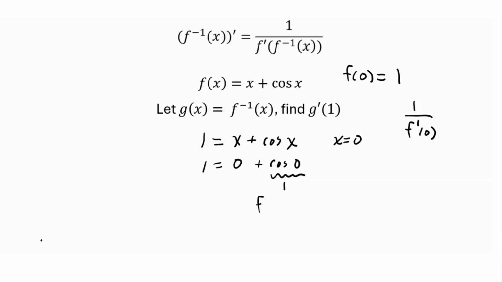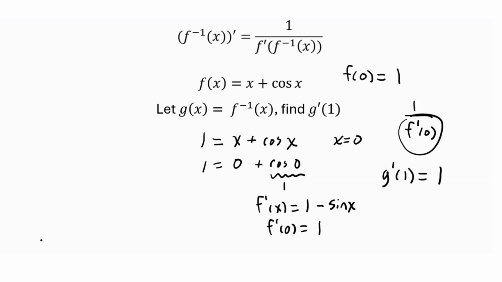So f prime of x would equal the derivative of x, which is 1, minus the derivative of cosine x, which is negative sine x. If we plug in 0, we get an answer of 1. So g prime of 1 would actually equal 1.